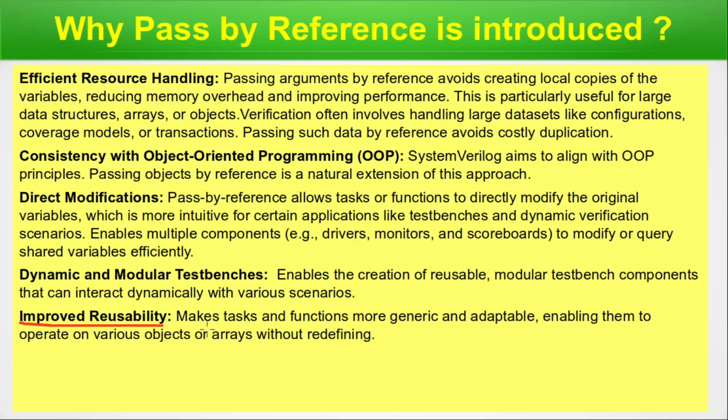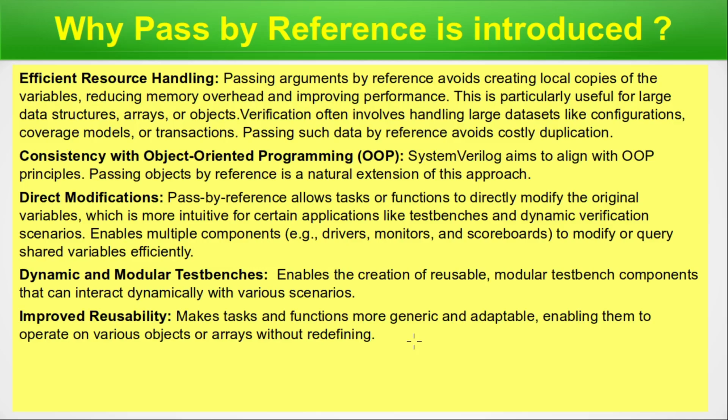Improved reusability makes tasks and functions more generic and adaptable, enabling them to operate on various objects or arrays without redefining. That means if we do not use the reference, we have to define another memory space for another object in another segment of the verification program.